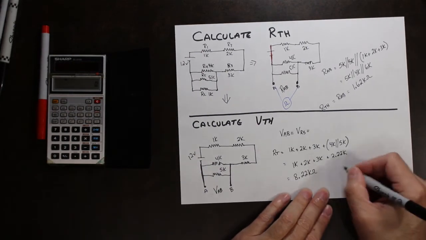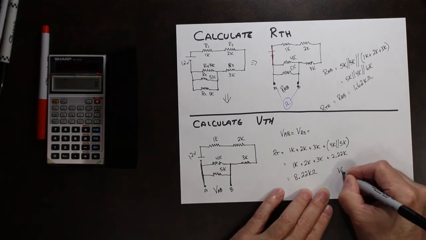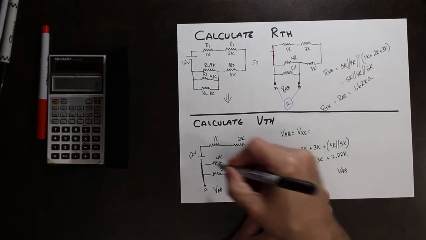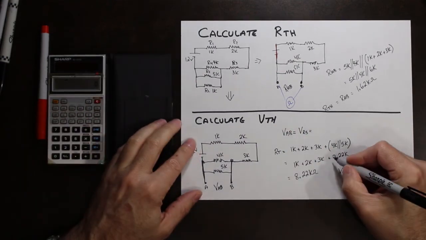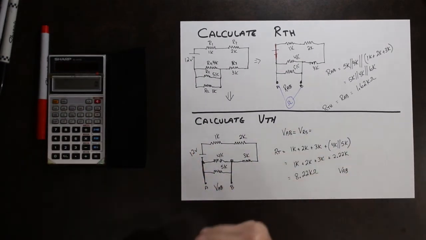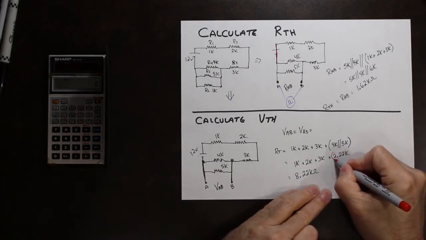I find in this particular case the easiest way to do it, so the voltage from point A to B is from here to here. So that is represented by that 2.2K resistor right here.